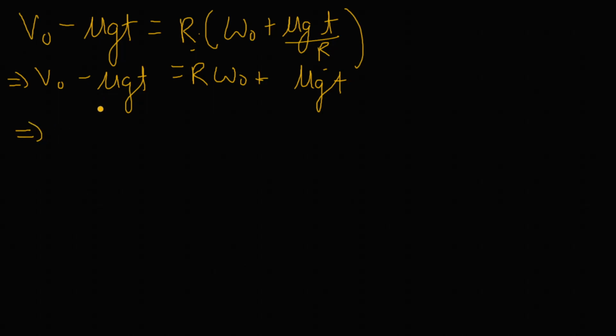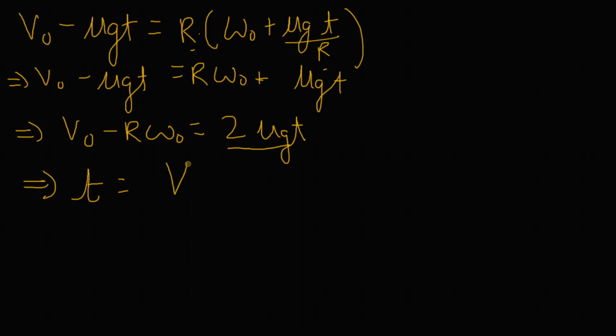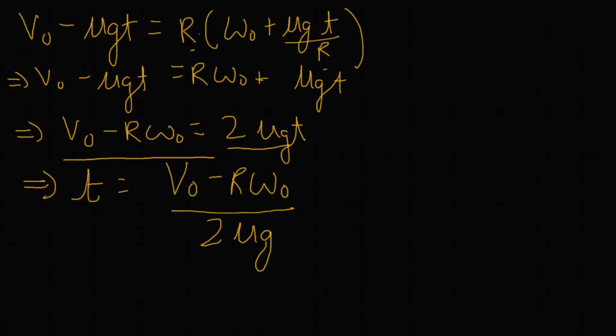Taking mu gt to one side and r omega naught to the other, we get V naught minus r omega naught is equal to 2 mu gt. Now dividing both sides by 2 mu g, we get t is equal to V naught minus r omega naught by 2 mu g. So this is the answer we have been wanting. This is the time the ring will take after being released to achieve pure rolling.